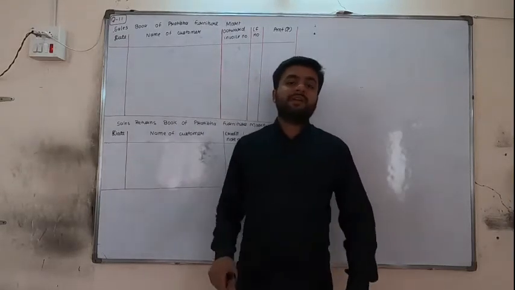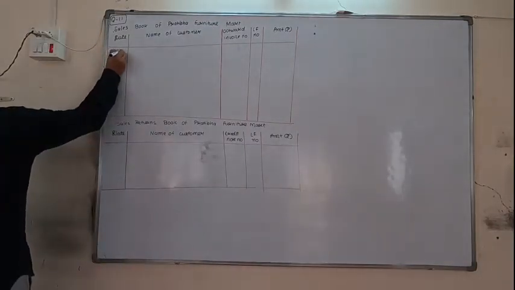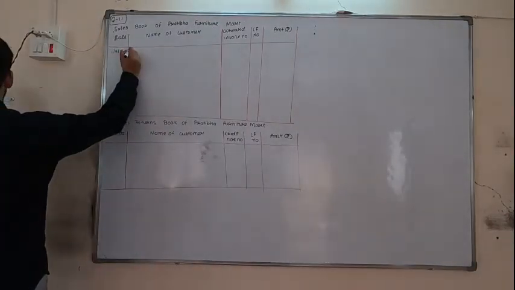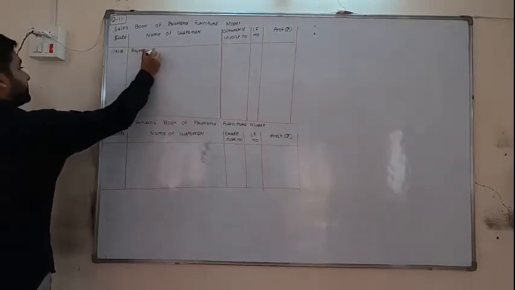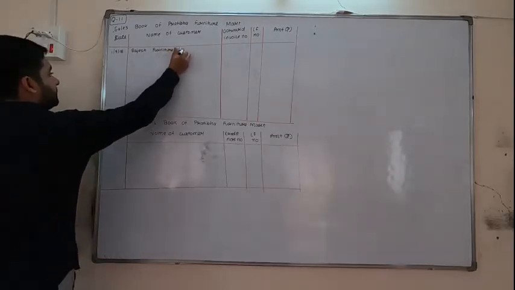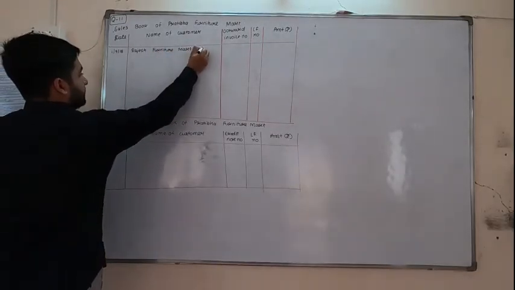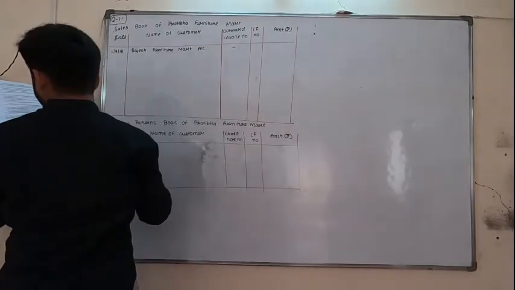So full amount is credit sales only. So 1980. Rajesh Furniture Mart account. Now no bill number is given.